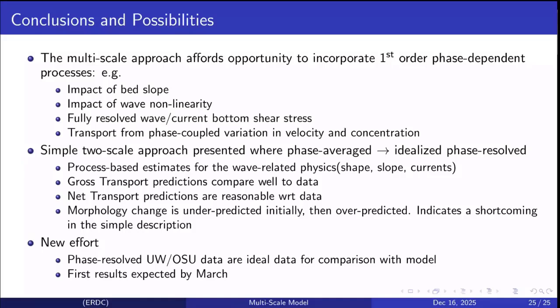If you do this, then you can make process-based estimates of the wave-related physics. So you can include the shape of the waveform, and you can include the slope, the currents, the grain size. All these things are included without guessing what the coefficients, the parameters, are. I think that the gross transport, that's under the crest and the trough, is predicted reasonably well compared to data. Net transport isn't so great.